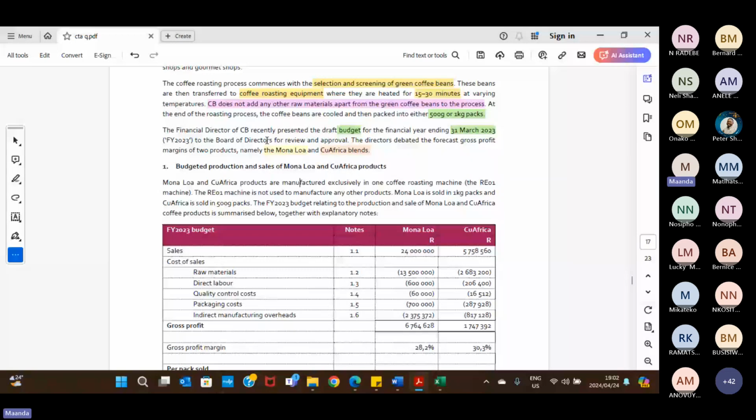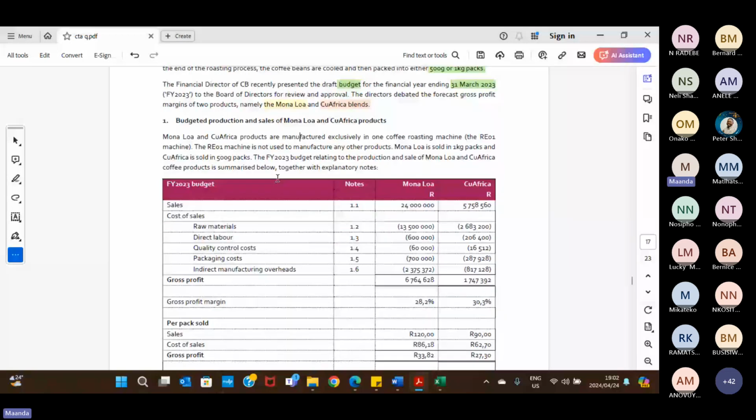Number one, the budgeted production and sales of the two products M and C are as follows. M and C products are manufactured exclusively in one coffee roasting machine. So it means that the machine I'm using, adding my beans, I'm going to manufacture both my products. So I need one machine.